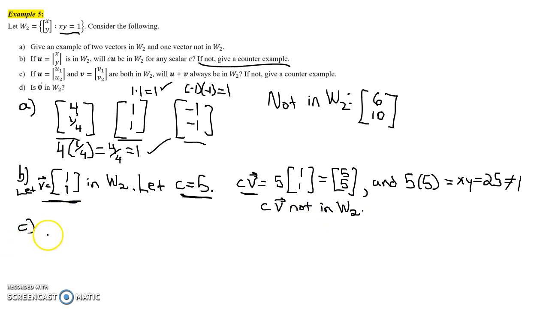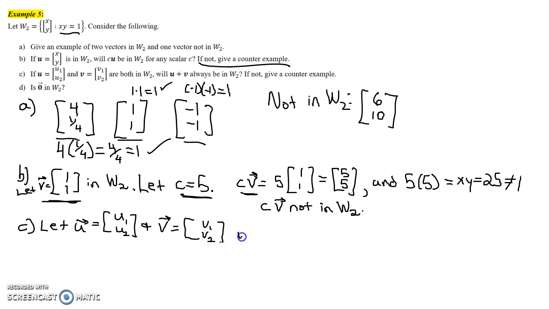Part C. If u is equal to (u1, u2), and v is equal to (v1, v2), where those are both vectors in W2.